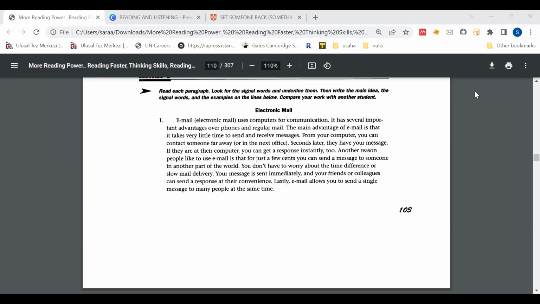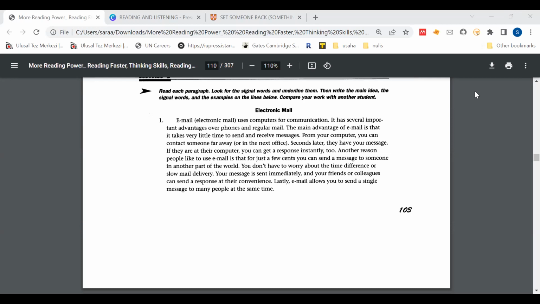Another reason people like to use email is that for just a few sentences you can send a message to someone in another part of the world. You don't have to worry about the time difference or slow mail delivery.